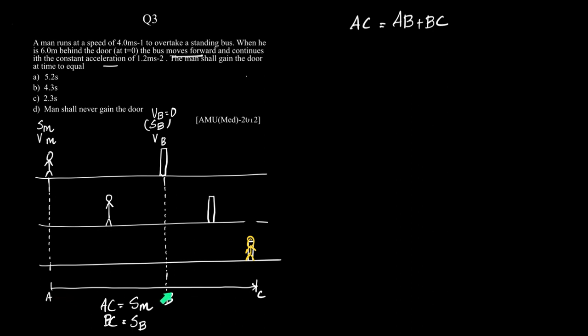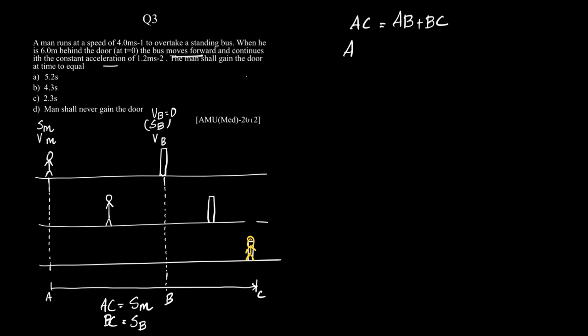A is the initial position of the man and B is the initial position of the bus, which means AB is the difference between the initial positions of man and bus, which is given in the question as 6 meters. Once again, AB is the difference between the initial positions of man and bus, given according to the question as 6 meters.